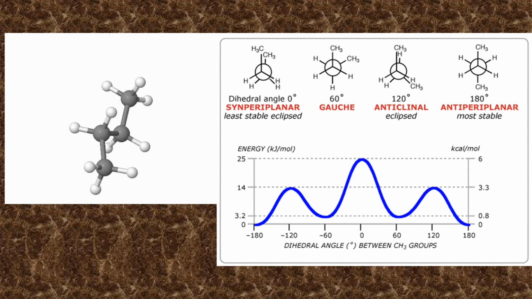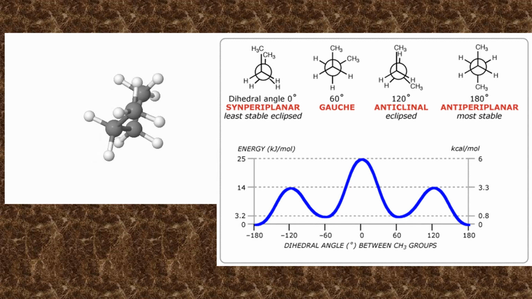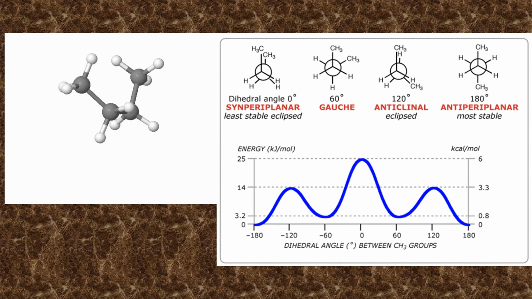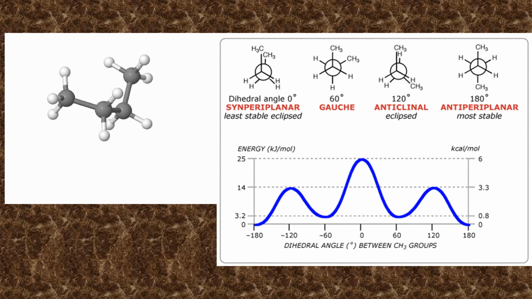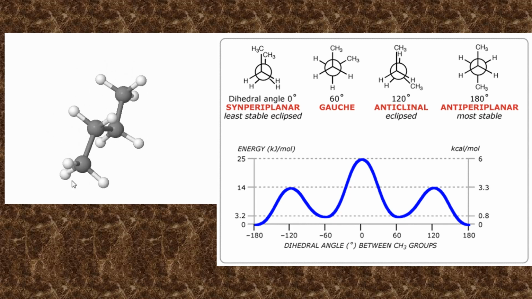Let us see it once again. We are doing a rotation. When the two methyl groups are coming one behind the other, when they eclipse, you can find a small jerk. That shows there is a repulsion between the two methyl groups.